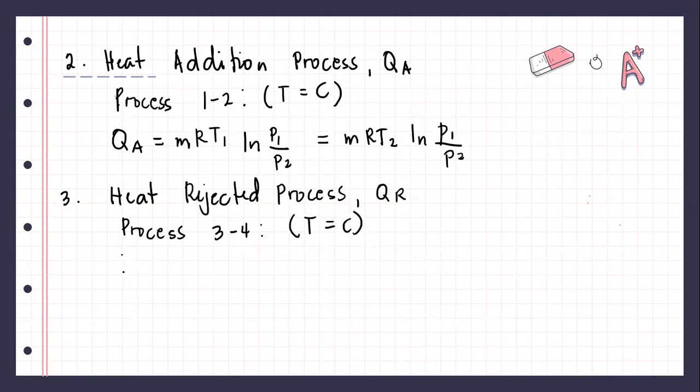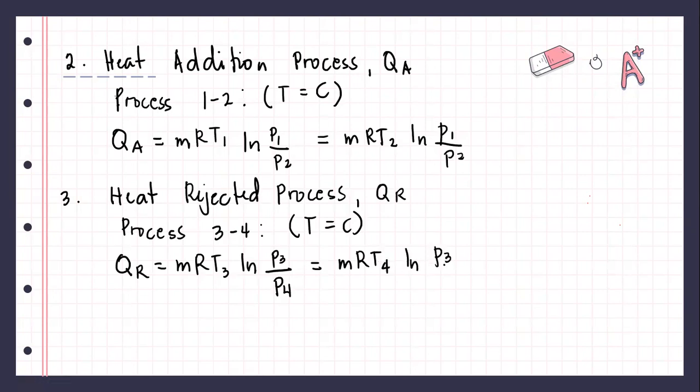We have QR is equal to MR T3 ln P3 over P4, which is equal to MR T4 ln P3 over P4. Number 4, we have the network.